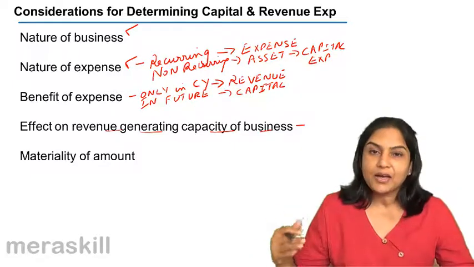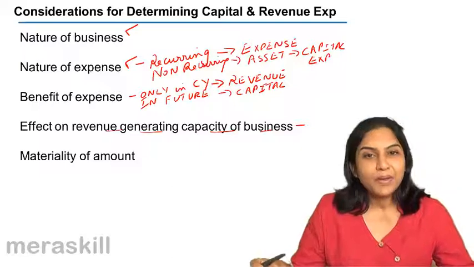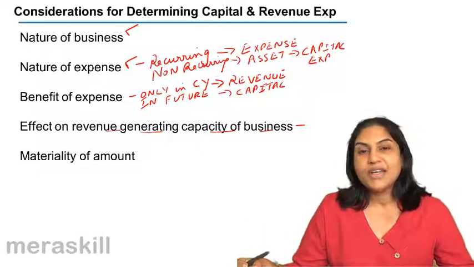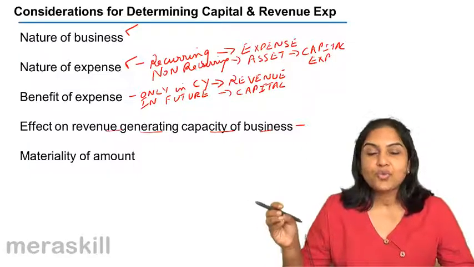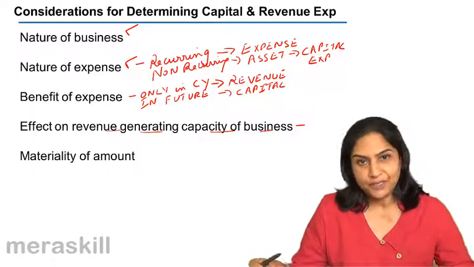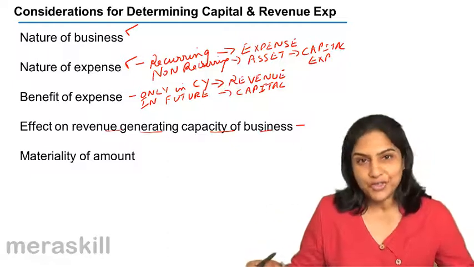But every year, in order to run my machine, some repair expenses would be incurred. These repair expenses would be treated as revenue because those are costs which are incurred to maintain the machine in the running condition. It is not an expenditure in order to improve its efficiency.